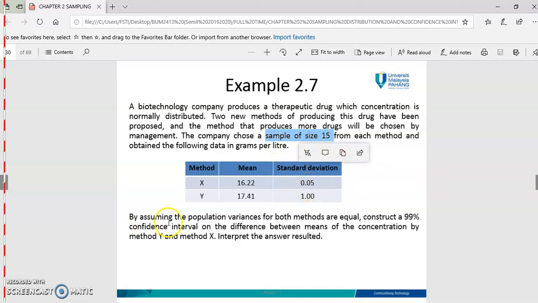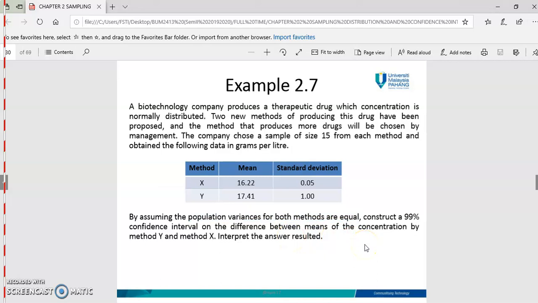By assuming the population variances for both methods are equal, what we have here is sigma square X equal to sigma square Y. That's how we transform it into mathematical notation. Construct a 99% confidence interval on the difference between means of the concentration by method Y and method X, and interpret the resulting answer.